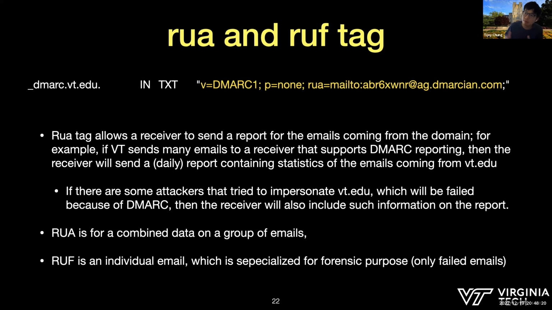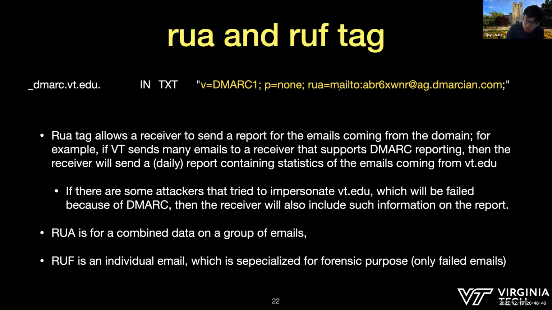For example, hey, I received 100 emails from the VT.edu domain name, but 9% of them failed validation, which means 9% of them tried to impersonate Virginia Tech.edu. So it prepares all these reports and statistics and sends the report to the email addresses specified.